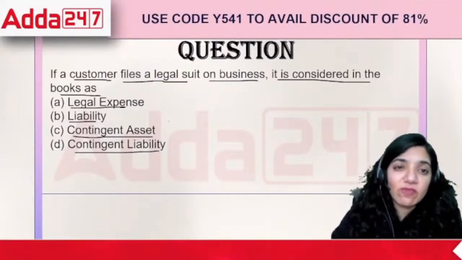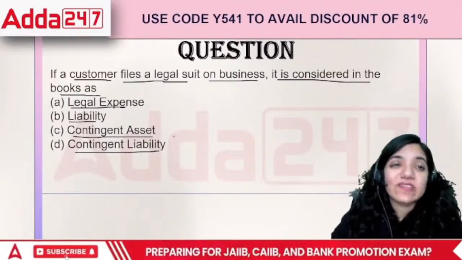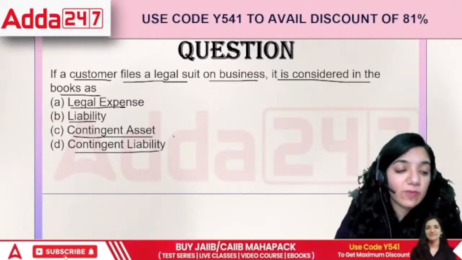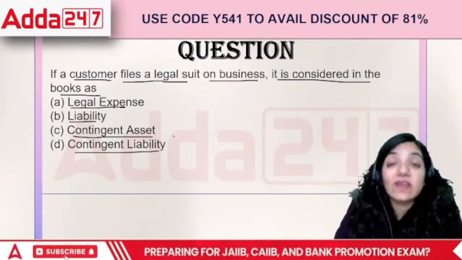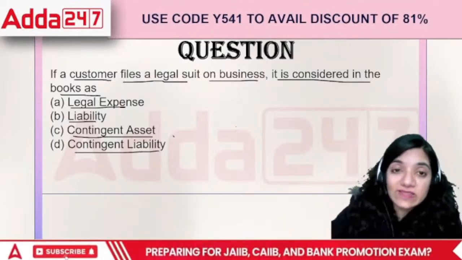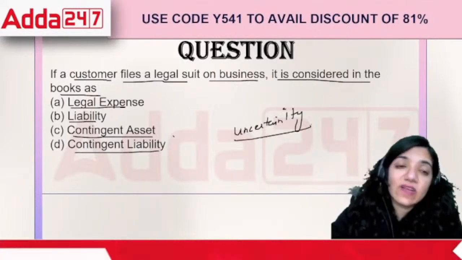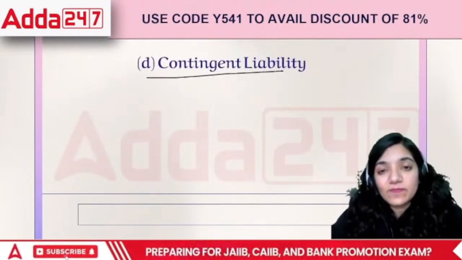We might receive, or we might have to pay, or we might not have to pay, because the customer is putting up a case on us now. It is not sure that we have to pay or we don't have to pay. In such a situation of uncertainty, we call it a contingent liability.